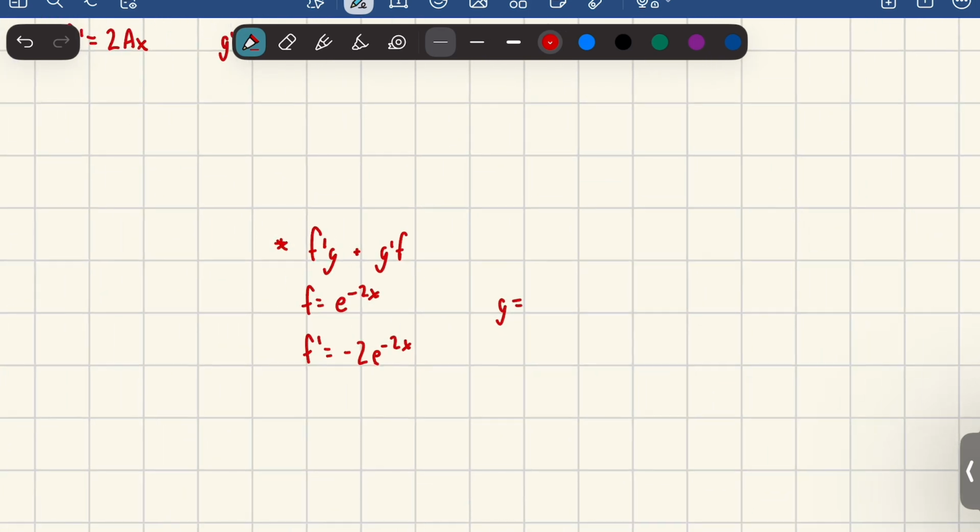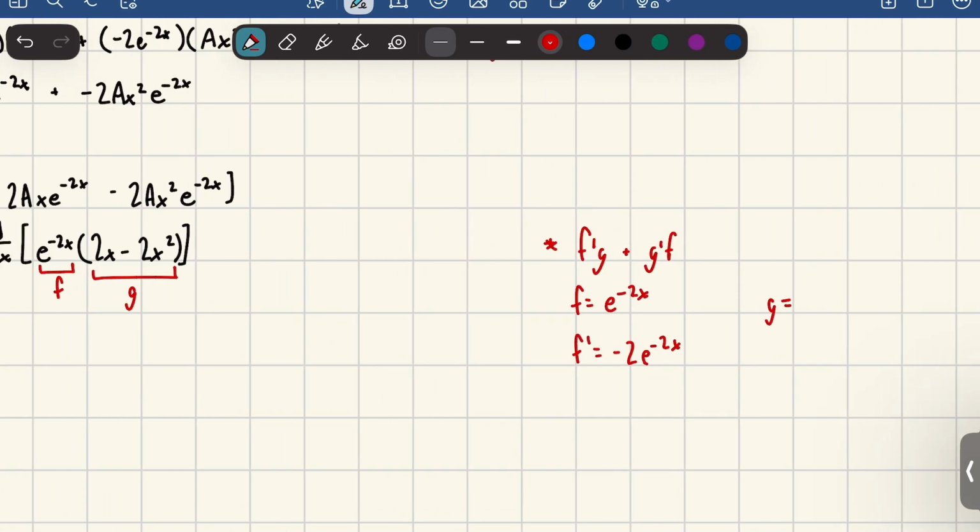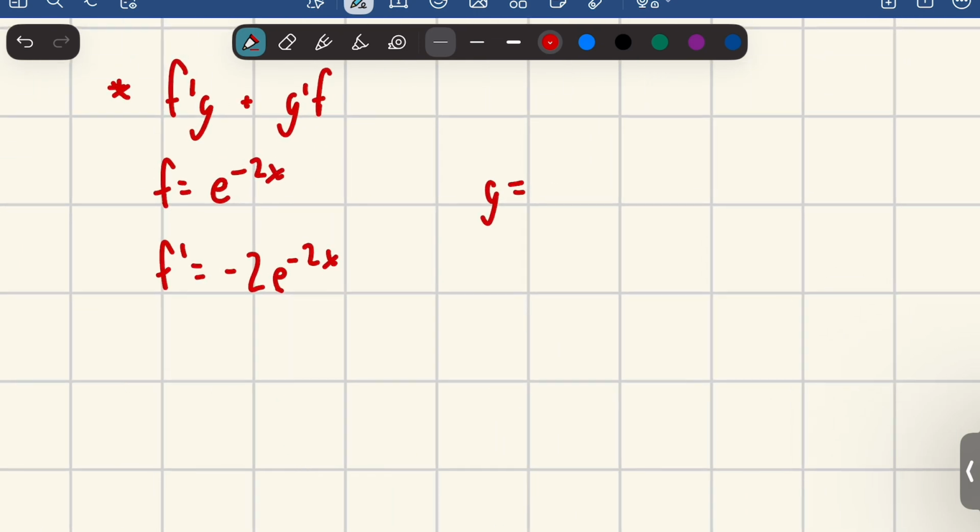What is g? 2x minus 2x squared, and g prime is 2 minus 4x, I think. Oh, yeah, I think so.